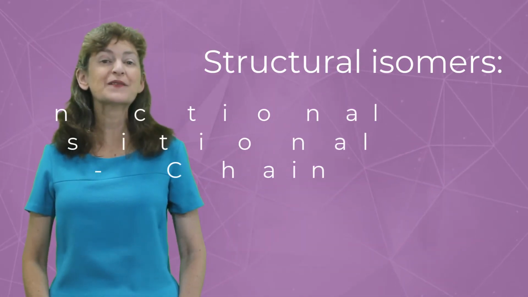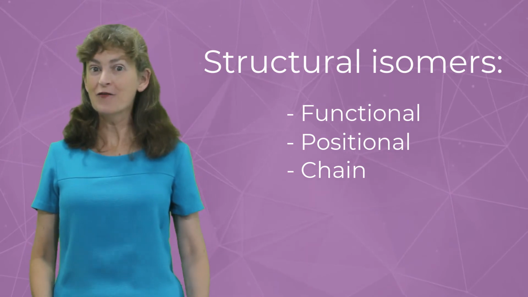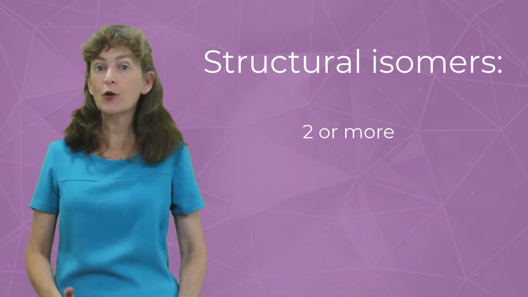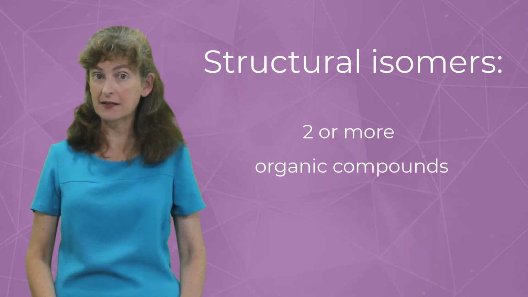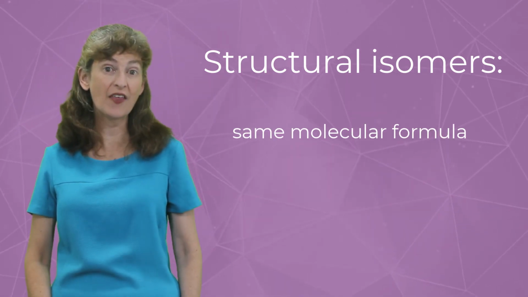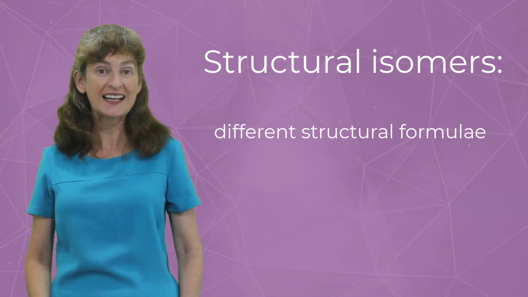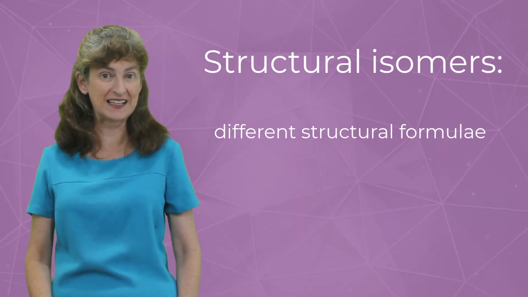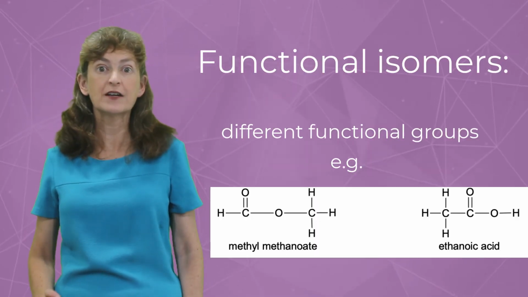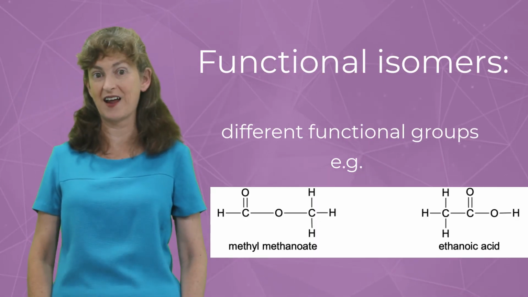So, in summary, we've studied 3 types of structural isomers. For all of these, the term structural isomer refers to 2 or more organic compounds which have the same molecular formulae as one another, but which differ in their structural formulae. In functional isomers, the 2 or more compounds have different functional groups to one another.